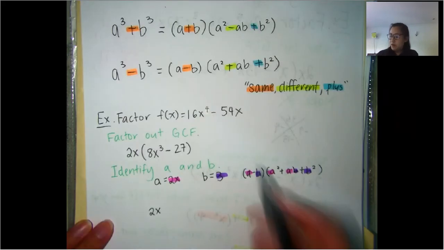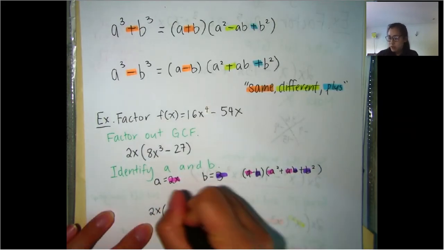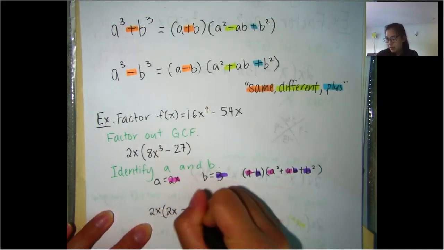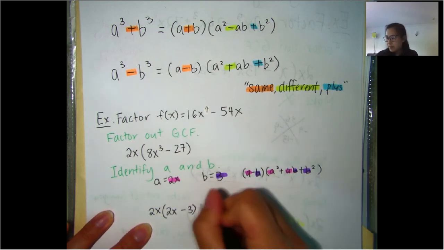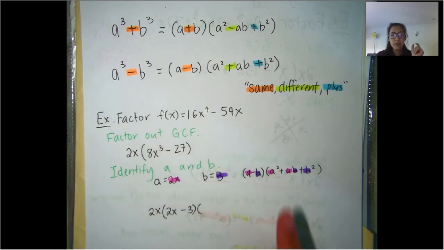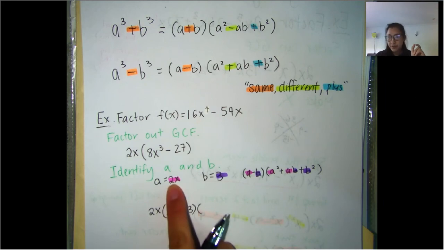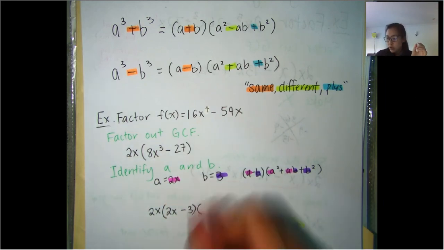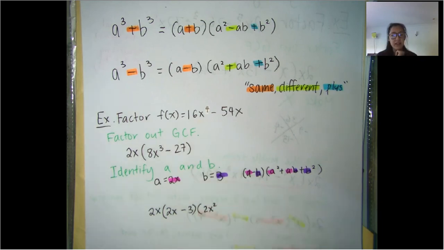A minus B is going to be 2x minus 3, and then times A squared. Whenever there are two parts to your A or your B, I want you to put it in parentheses. So this isn't 2x squared like this, because that would mean 2 times x squared.